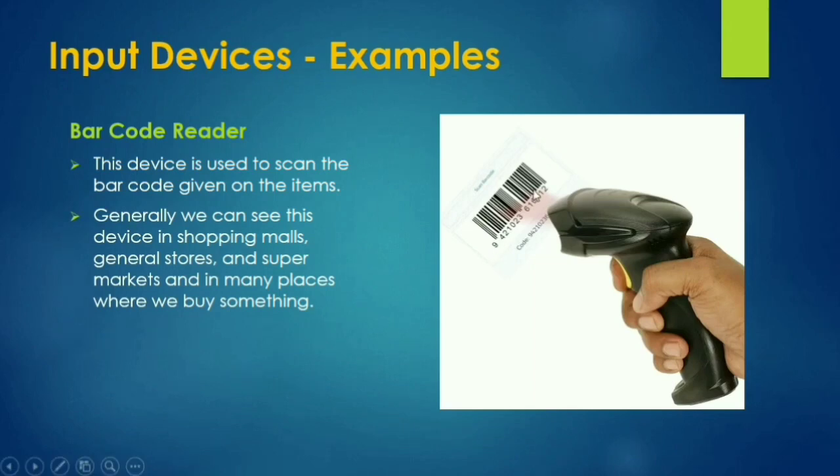You see this is called as barcode, the thin and thick lines. Okay, combination of thin and thick lines is called as barcode. When this barcode reader reads this barcode, the computer receives the entire information related to that item into its memory.